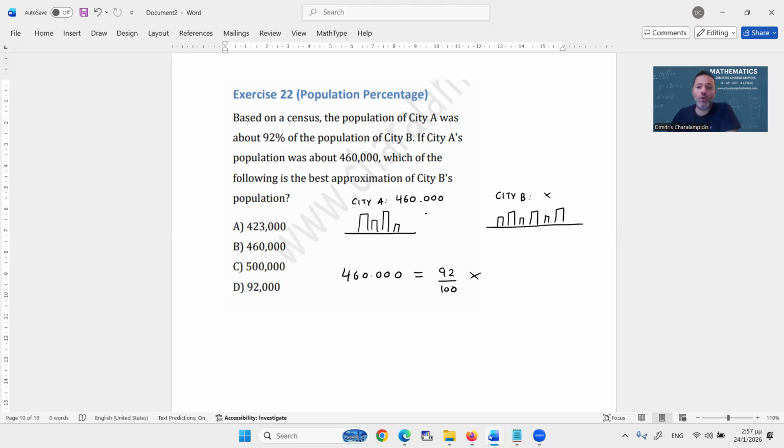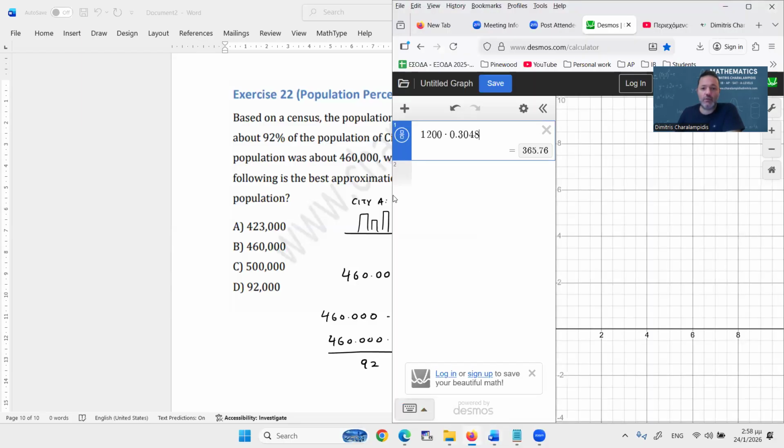And now all that we need to do is just operations. I can do them easily by hand because I would have to cross multiply, 460,000 times 100 equals 92x, and then divide all this by 92, or I could just go on Desmos, or even use my calculator.